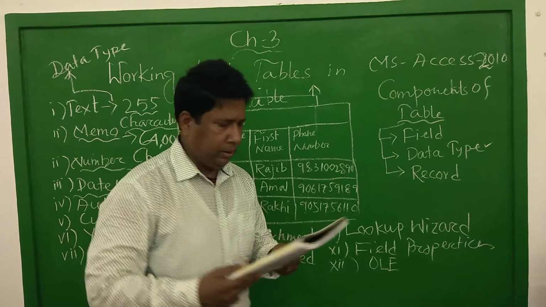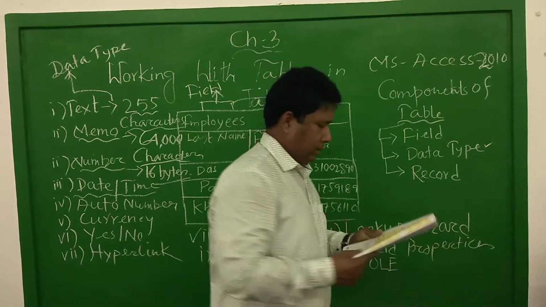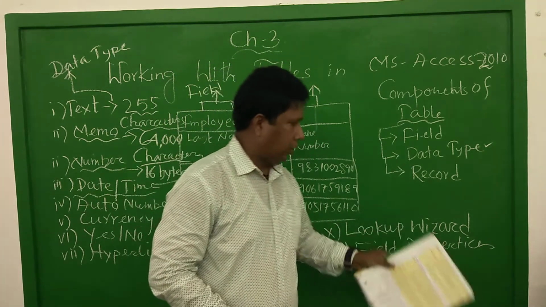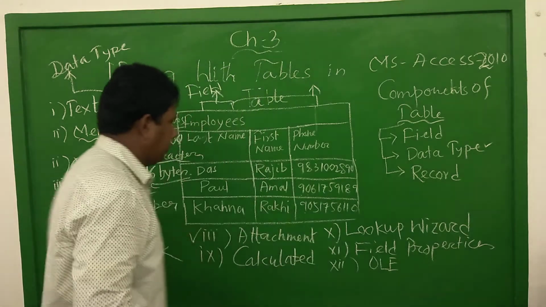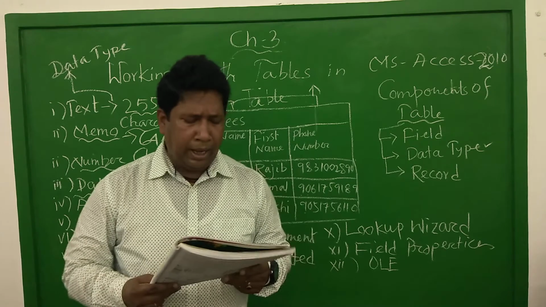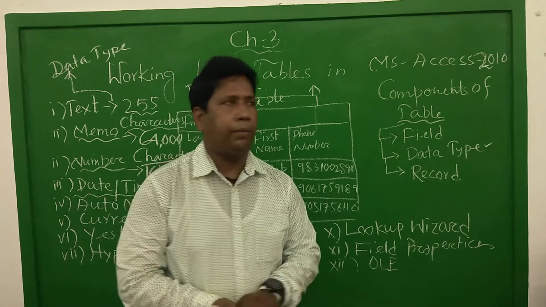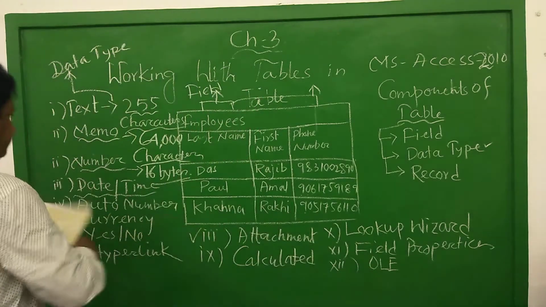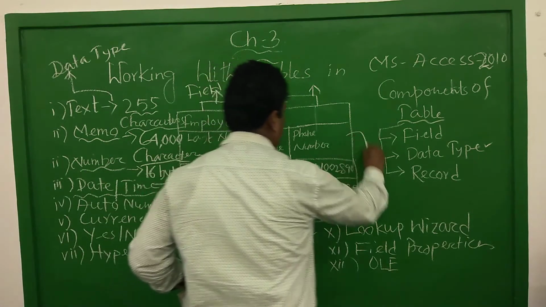Next is record. What is a record? A record refers to a row in a table. This is all a record.